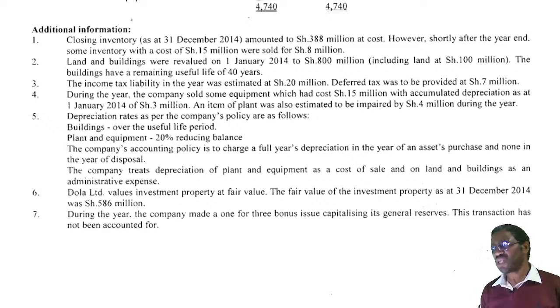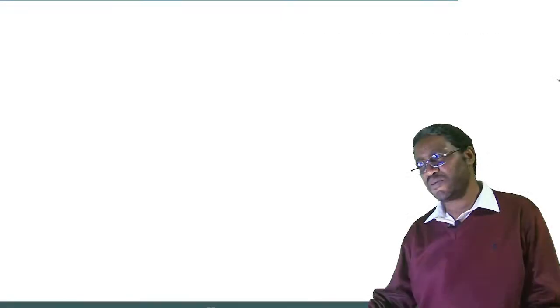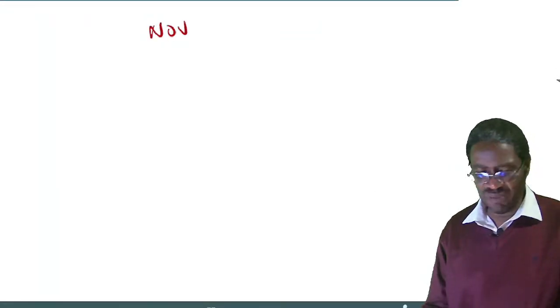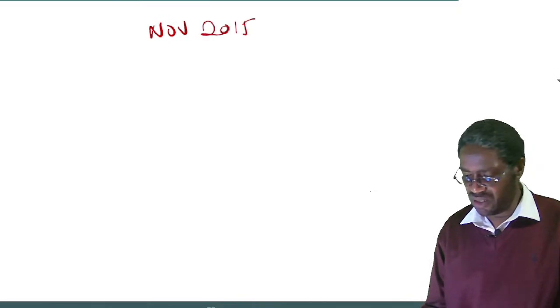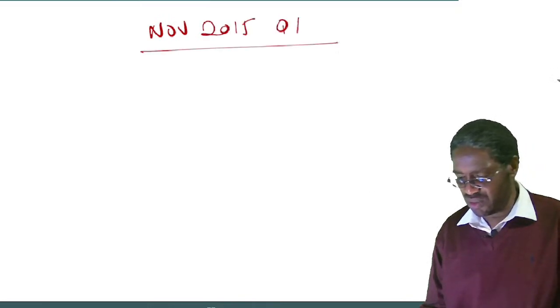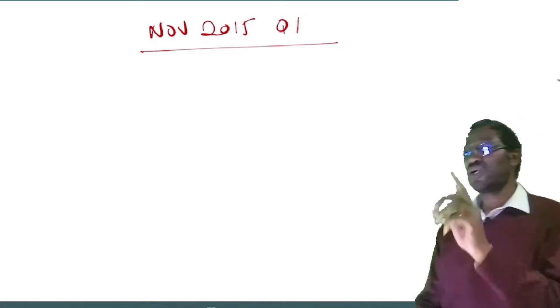However, shortly after the year has ended, some inventory with a cost of 15 million was sold for 8 million. Let me explain. First, we are doing this question of November 2015. It was question 1.